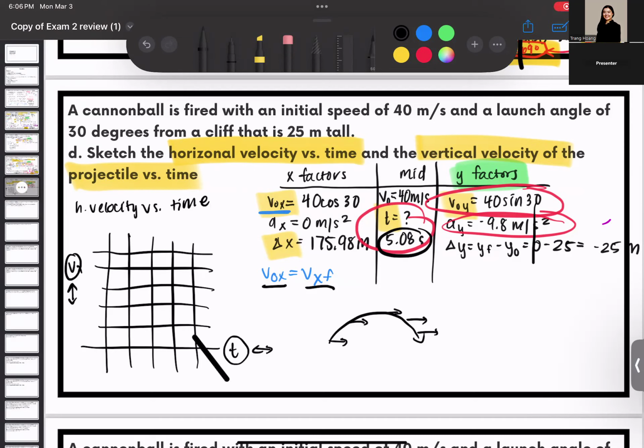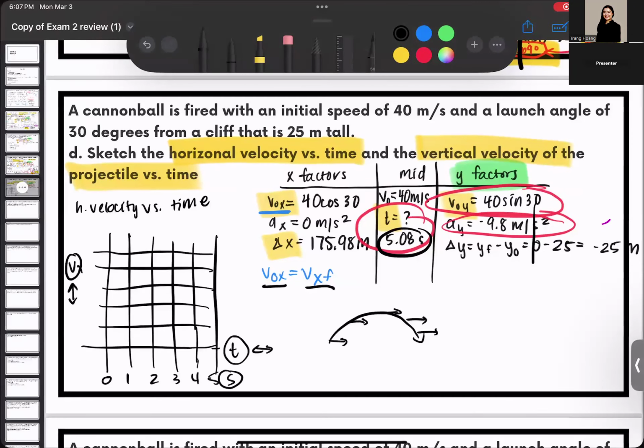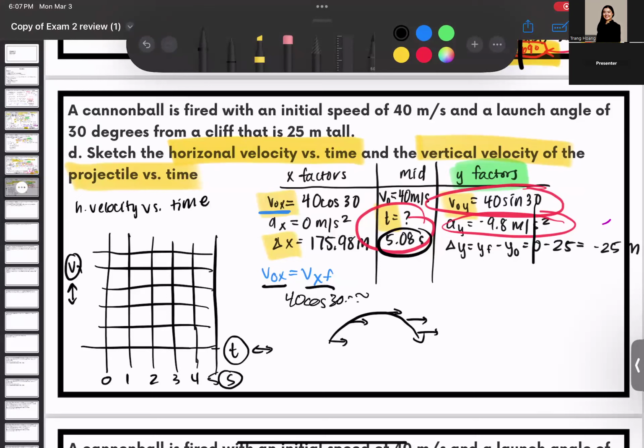So let's pretend we're starting at 0. 1, 2, 3, 4, 5 seconds, okay? And then we need to find that velocity. We said that the initial velocity is equal to the final, and that it's 40 cosine 30, which we figured out before is basically around 34.6, which rounds up to 35. So you can just plot a big fat line at 35.